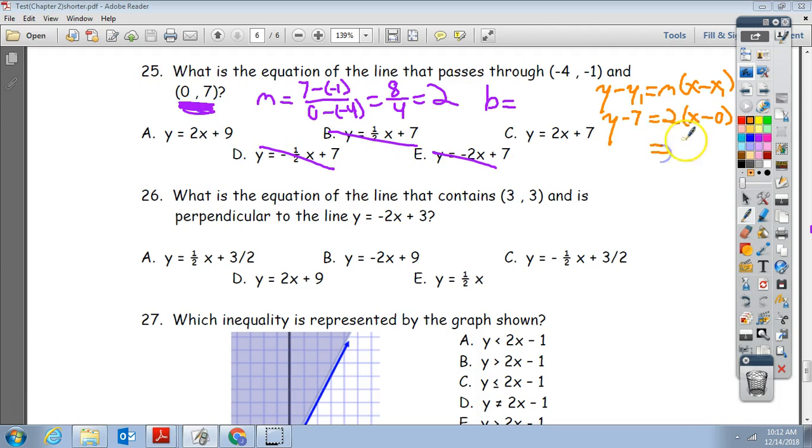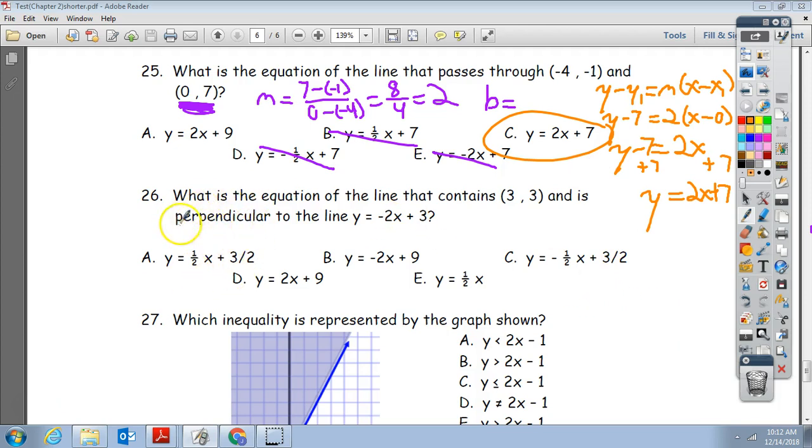Well, x minus 0 is just x, so this is 2 times x. And then what do I do with the minus 7? Add it here, that's going to be 2x plus 7. Either way, I get this as my correct answer. So the more you know, the better it's going to be for you.